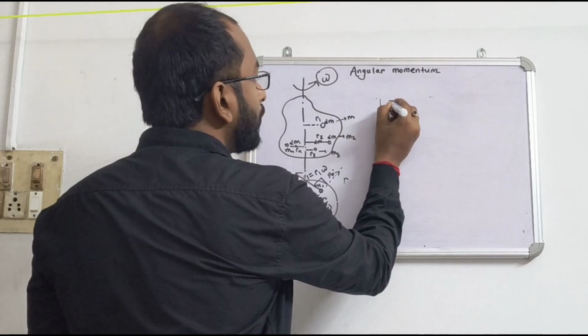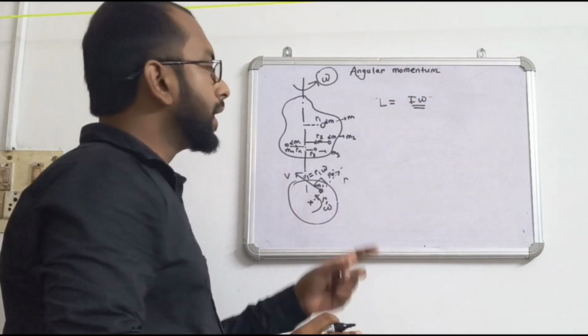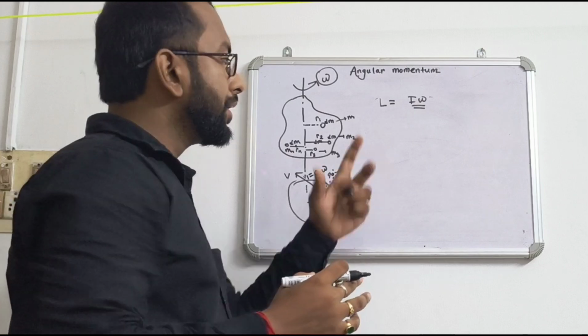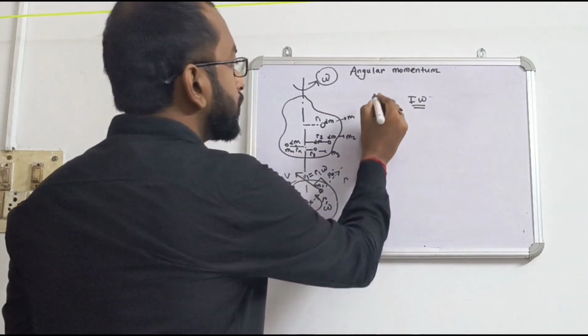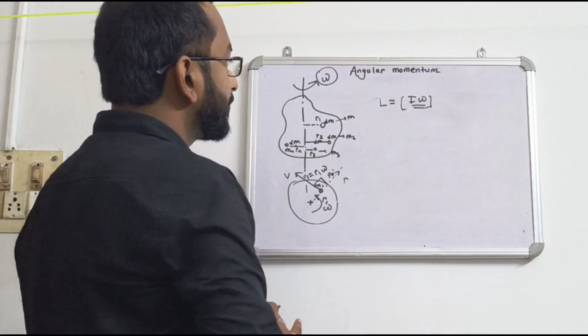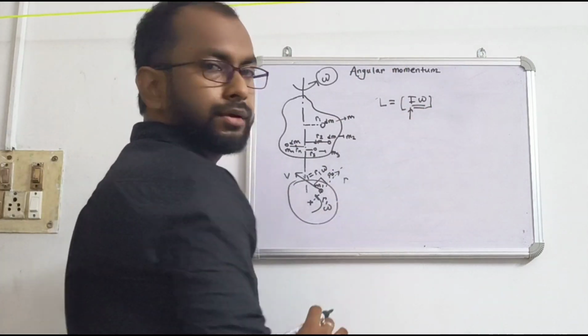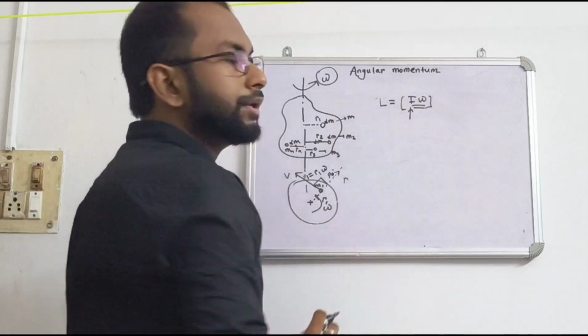Now as we found out, the value of the angular momentum is I omega, but I told that angular momentum is a vector quantity. So this is just the magnitude of the angular momentum. Then what is the direction of the angular momentum? What is the vector here? I is not a vector, I is a scalar quantity. Vector is omega only.